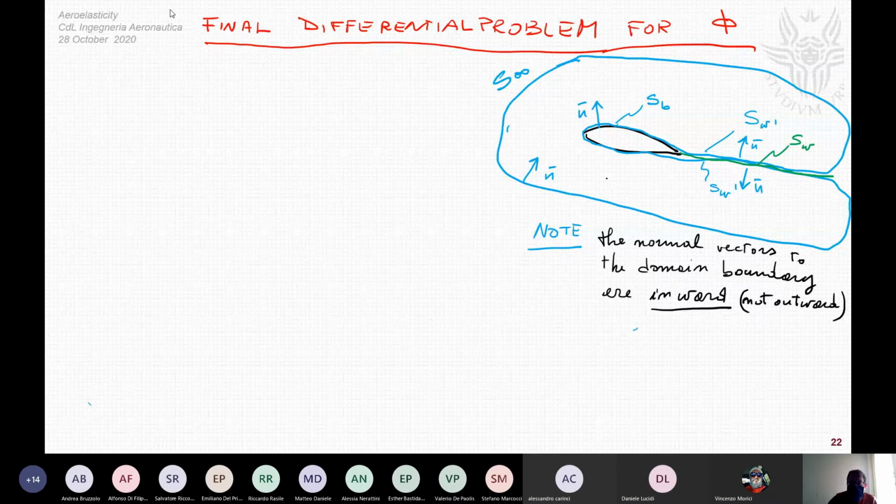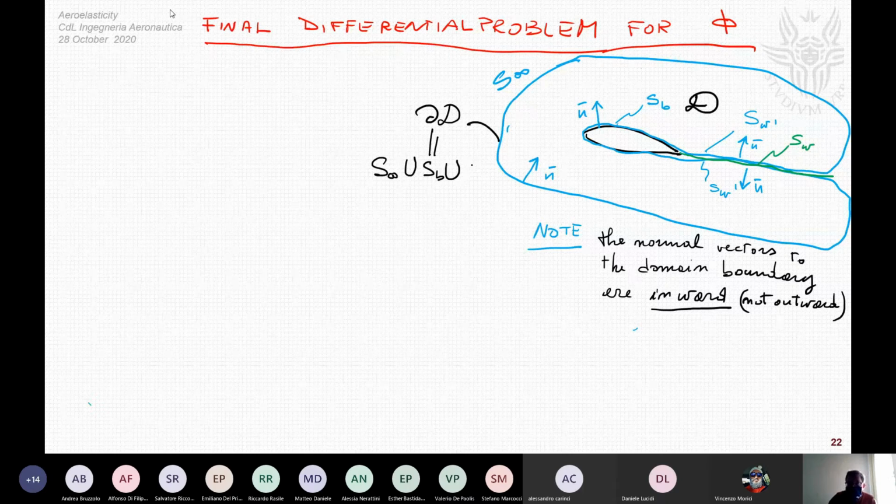And so we have a domain D. We have the boundary of my domain, indicated by the mathematician by delta D. This is for indicating the boundary, and this boundary is globally the union of S infinite, union with S body, union with S wake.